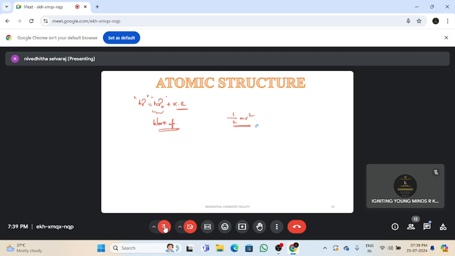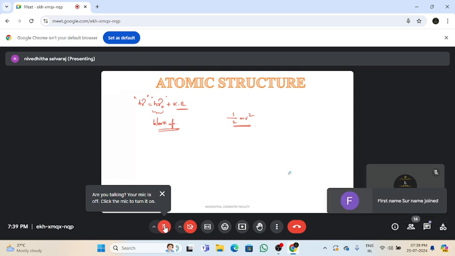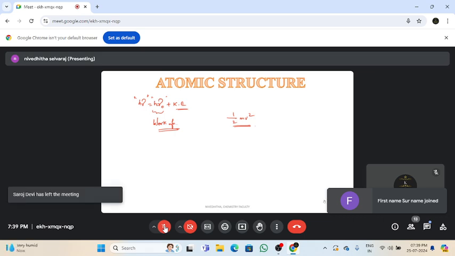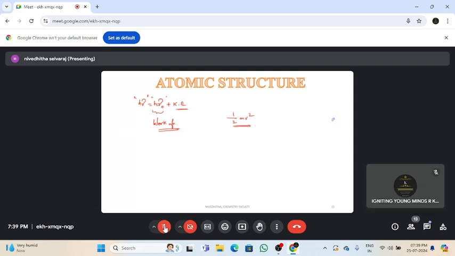What is Aufbau principle? Whenever you are filling electrons in an atom, you have to fill them from lower energy level to higher energy level. That is the Aufbau principle, right?